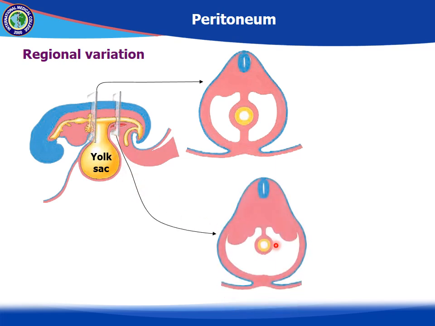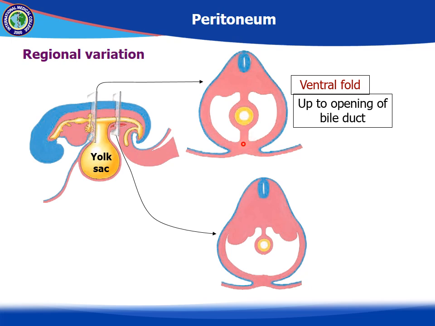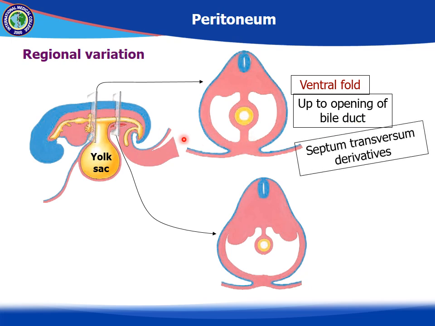Below this level it looks like this one. So two folds are there above, and this is the ventral fold, and up to the opening of the bile duct this ventral fold is present, and it is formed by the septum transversum tissue. So this is a derivative of the septum transversum.